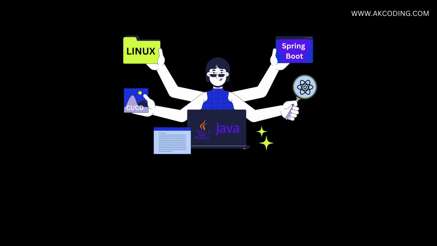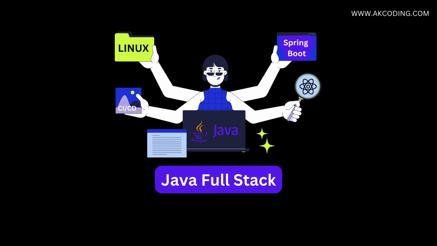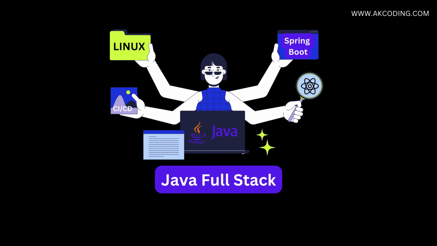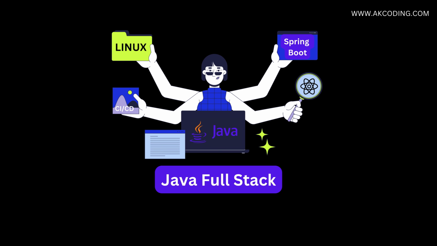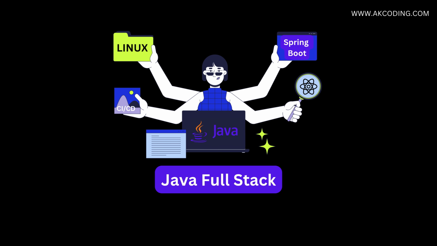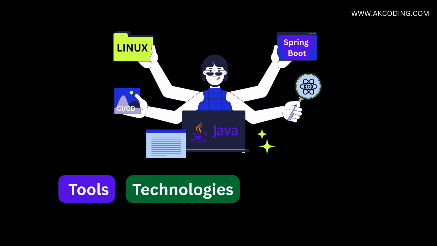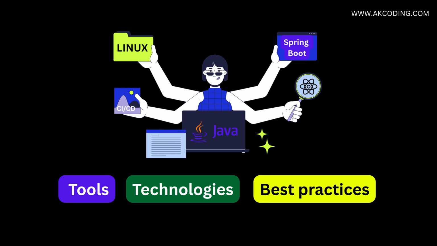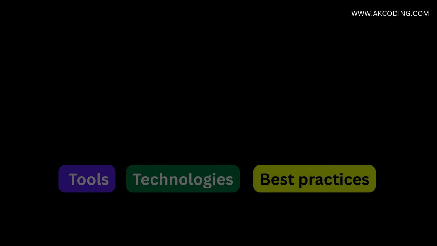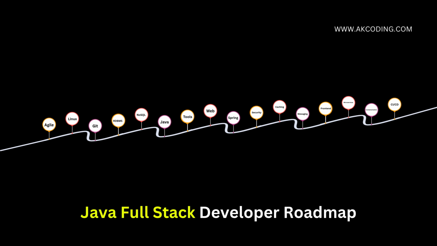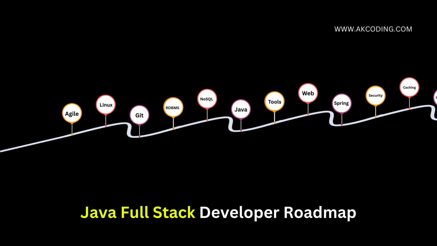If you are aiming to become a Java full stack developer in 2025, or you are already on the journey and want to make sure you are covering all the right tools, technologies, and best practices, then you are in the right place. In this video, we are going to break down the ultimate roadmap to master Java full stack development.